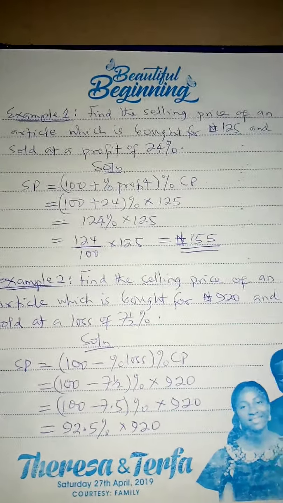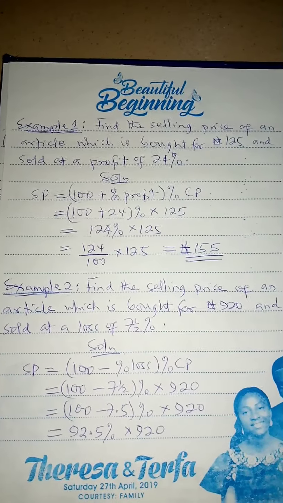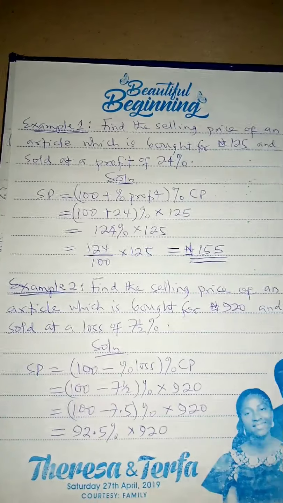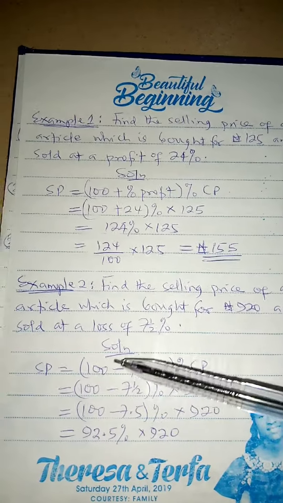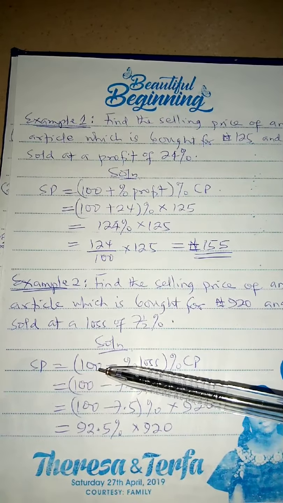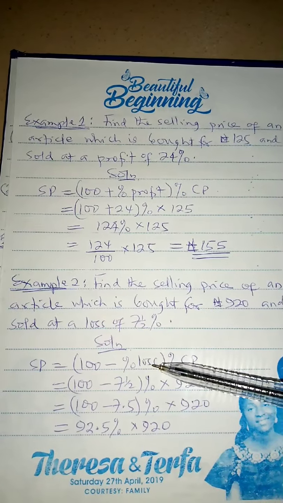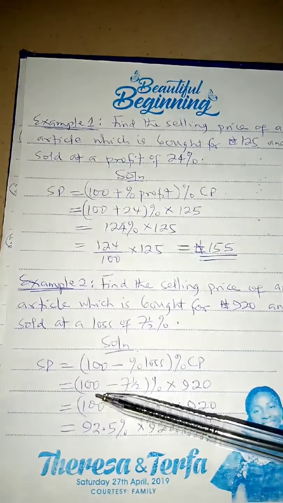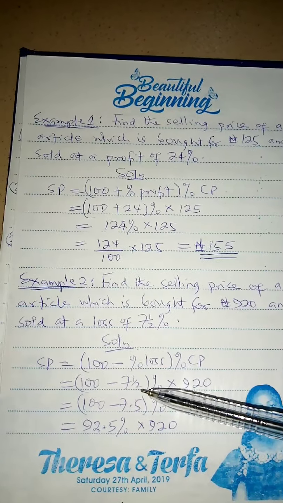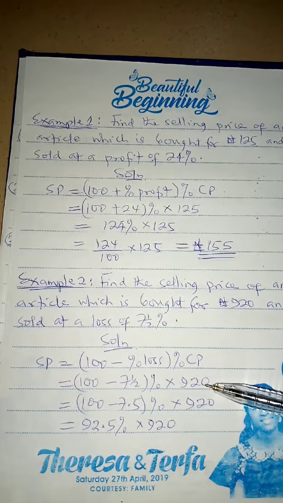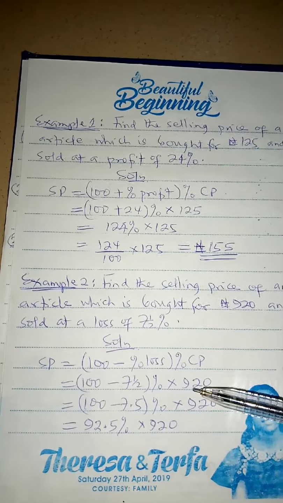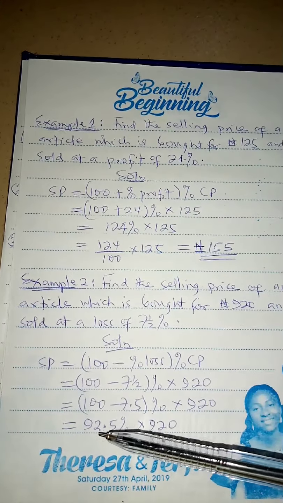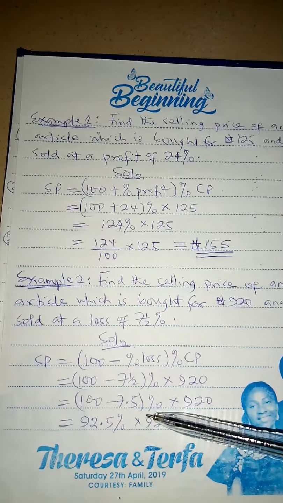When you go back to those things I put down, you discover the last formula is the rightful one to use, where you have your selling price to be 100 minus percentage loss, all percent, times your cost price. You make your substitution: 100 minus 7.5, all percent, times your cost price, which is 920. 100 minus 7.5 is 92.5%, times 920.